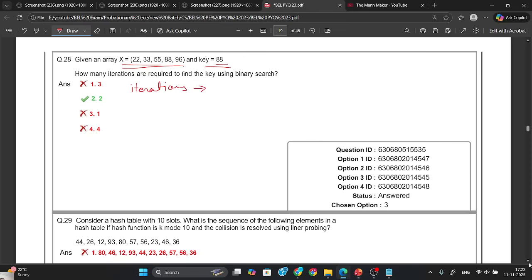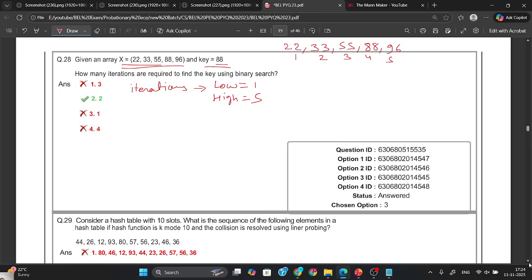Here we have 22, 33, 55, 88 and 96. So these are positions 1, 2, 3, 4 and 5. So we have low as 1 and high as 5.